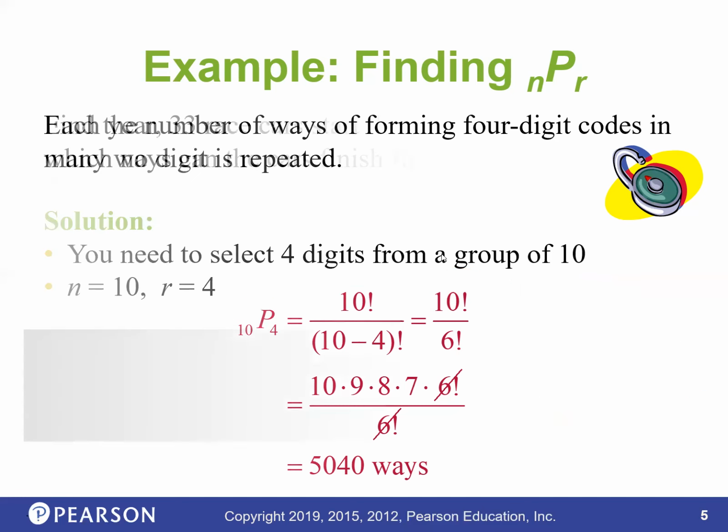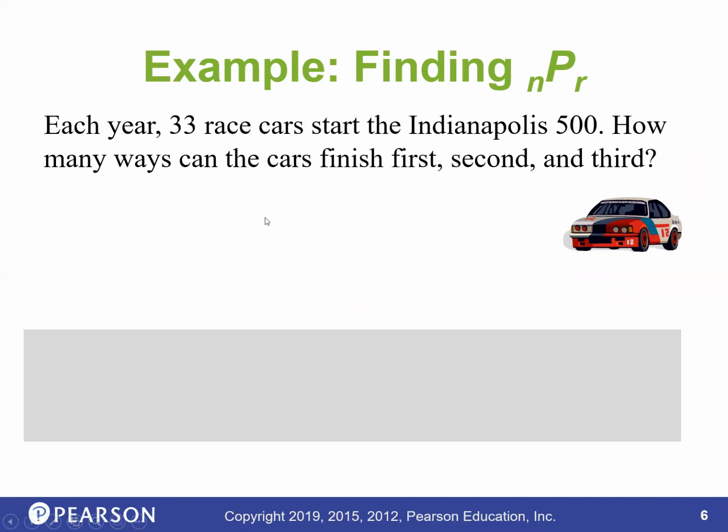Let's do one more for you guys, go for it. Each year, 33 race cars start the Indianapolis 500. How many ways can the cars finish first, second, and third? So what are all the different possibilities?